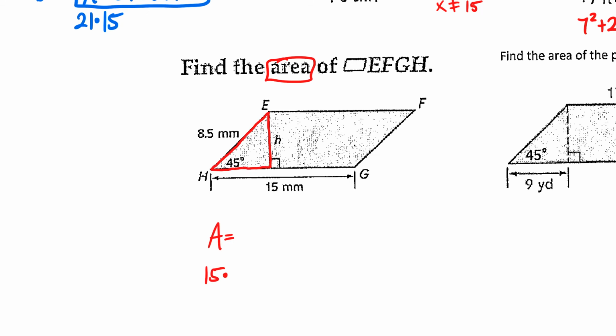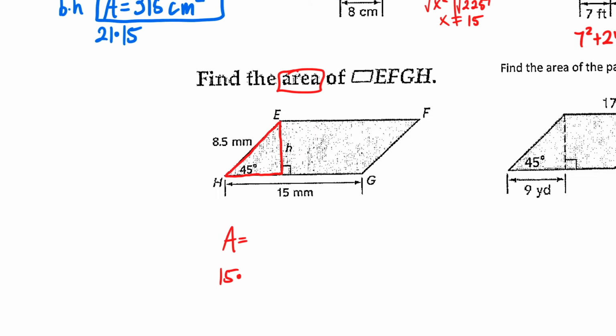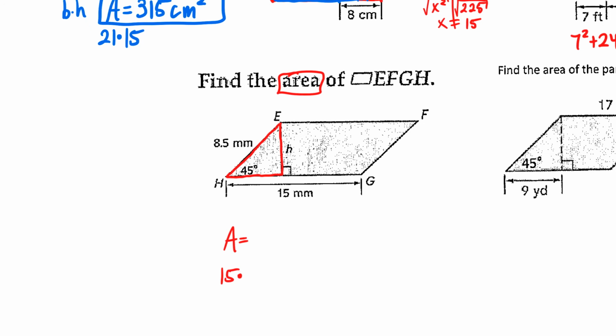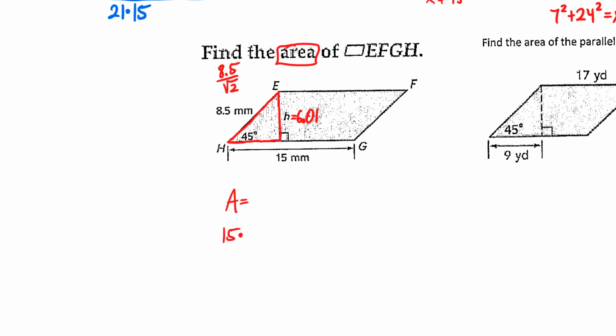We know the hypotenuse on this one, so I'm working backwards to find the legs. What do I need to do here? Good, divide by the square root of 2. So 8.5 divided by the square root of 2. Type that in your calculator and let's get a decimal. 6.01. So the height is 6.01. The base is 15. The height is 6.01. So 15 times 6.01 is what?